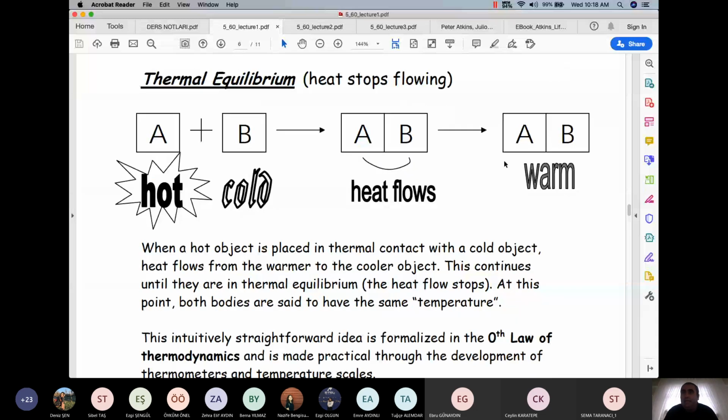In the end, the heat exchange finishes, and the system reaches a point where it's not hot or cold. What we call is warm. So this system is at thermal equilibrium.